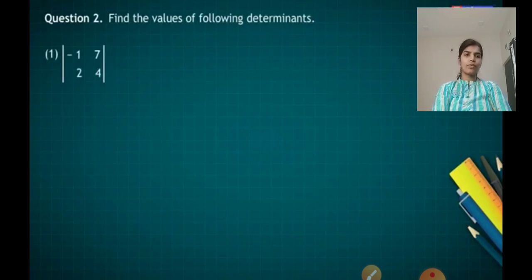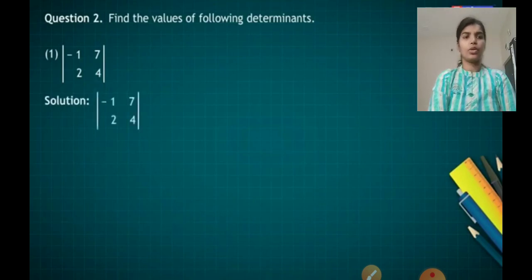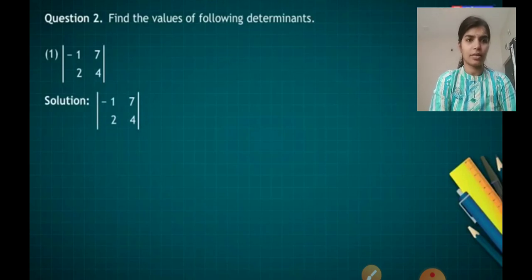Here also we want to cross multiply the numbers. Whenever a determinant is given to you, in your mind you have to fix that cross multiplication and the subtraction of these numbers is always necessary.